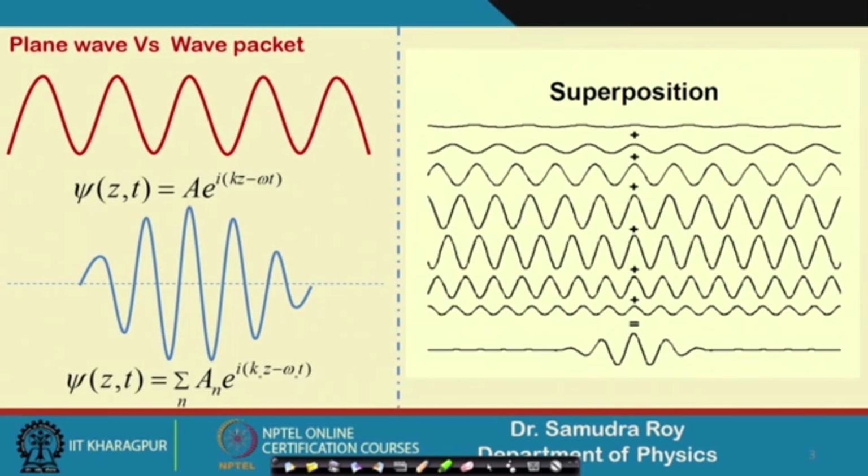In this course so far we have been dealing mainly with plane waves, and as the figure suggests, a plane wave is an infinite distribution of waves with a single frequency.